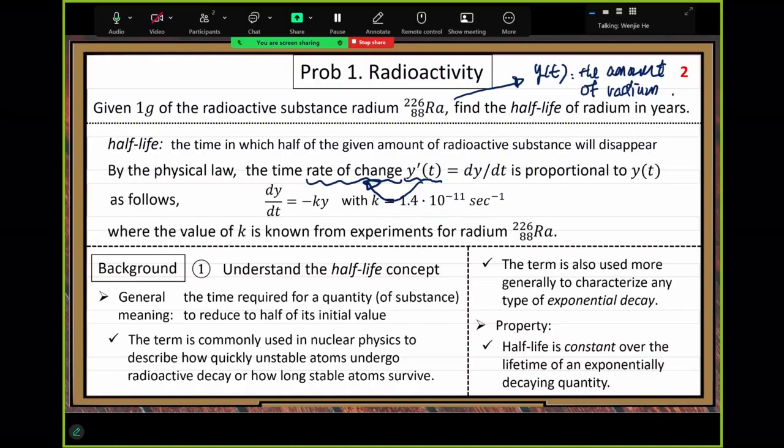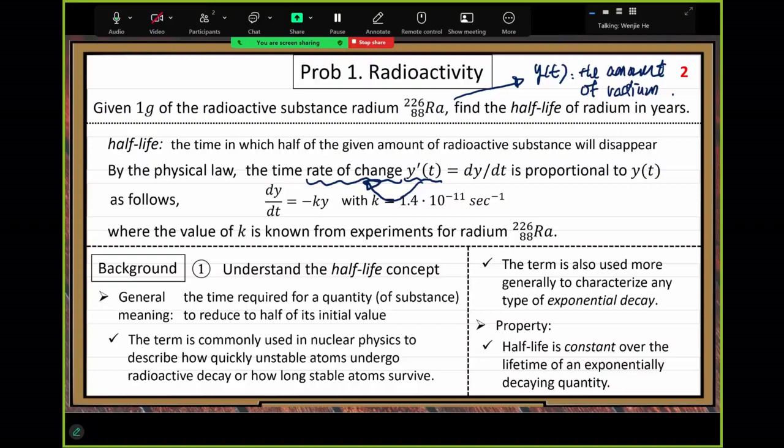When we have exponential decay, the decay model is closely related to the exponential function. You know the exponential function, right? The decay function is an exponential function. That's simple and straightforward. When we do the solution, you will see that exponential function.